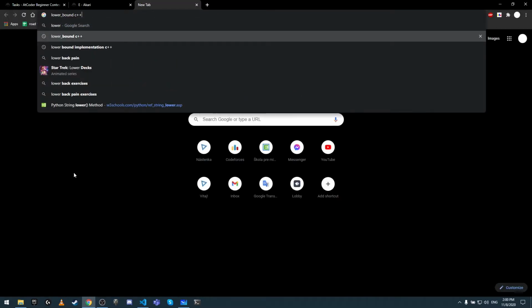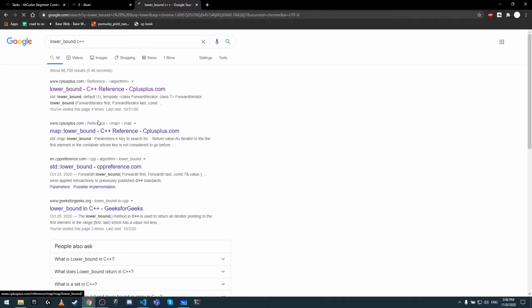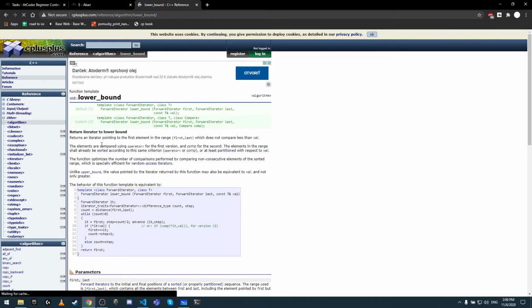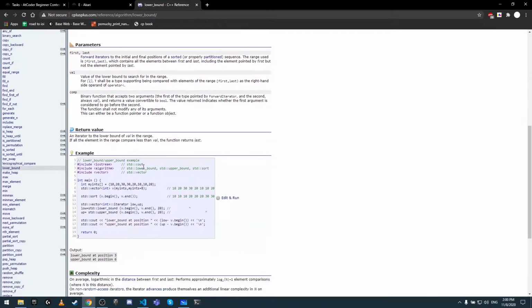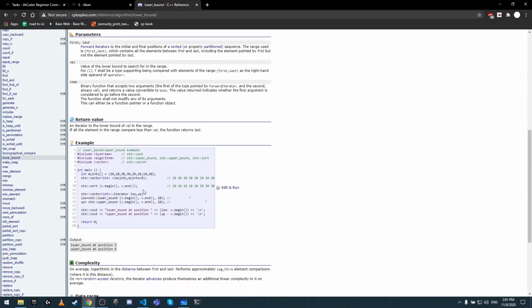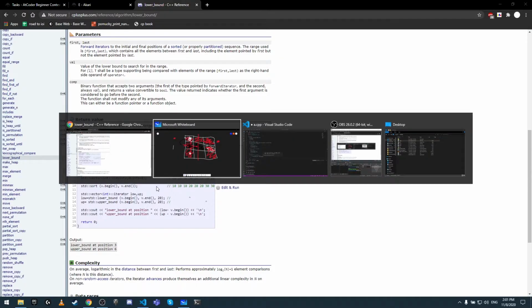Lower bound C++. Okay, so position is minus this, and this will give you the value, right?